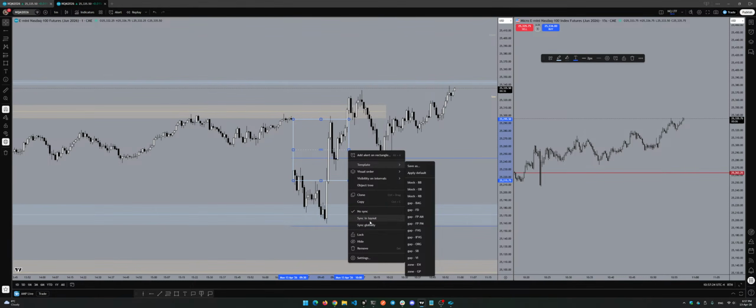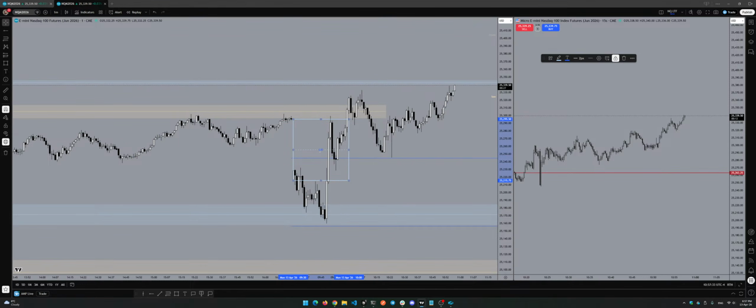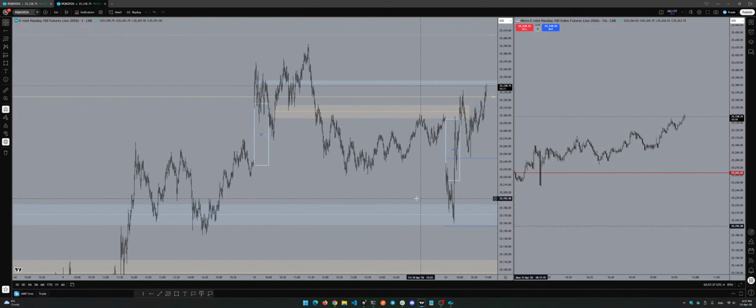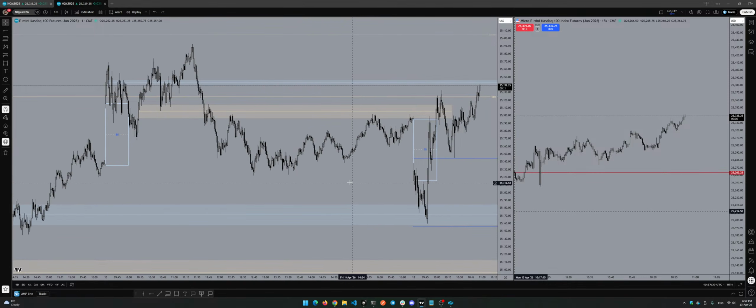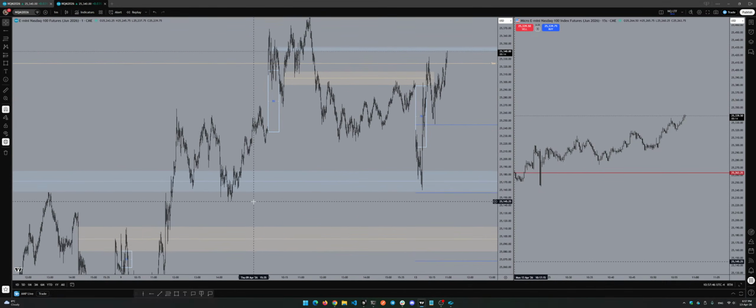Now sync lock. 78 handles. Okay, initial lows. This could have been initial lows, but I like this one more.